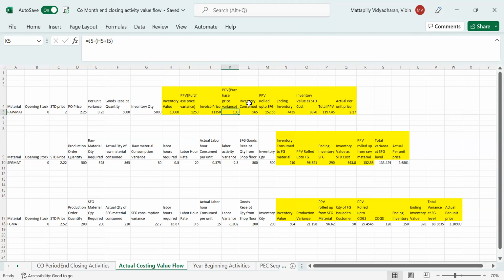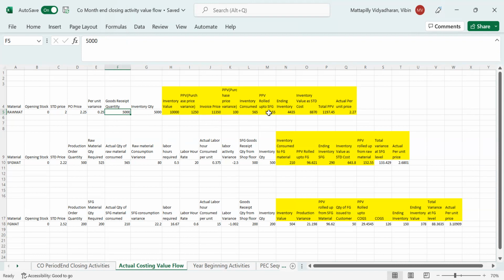Then inventory consumed is 565. The purchase price variance rolled up to SFG is 152.55. How is this amount being calculated? Inventory of 565 is being consumed from the 5,000 quantity to manufacture the SFG material.